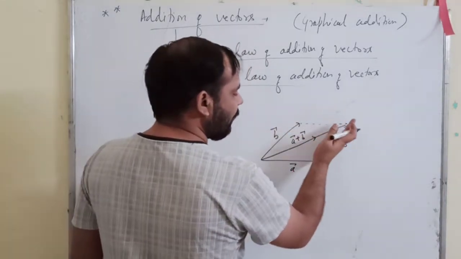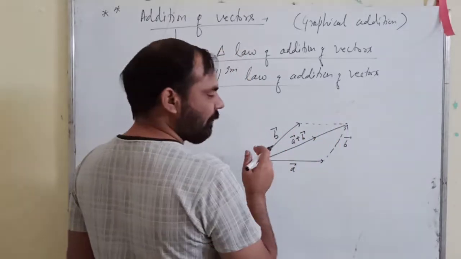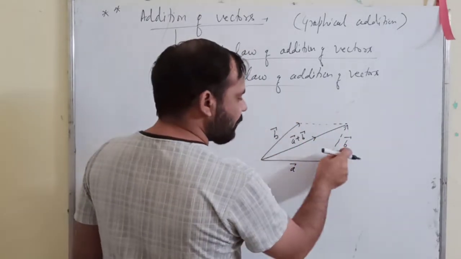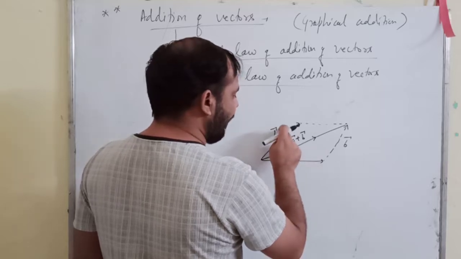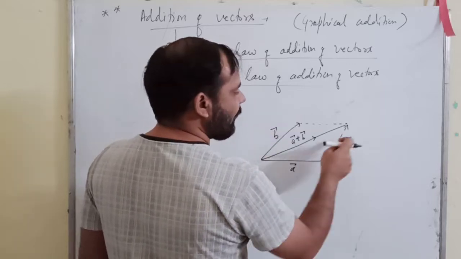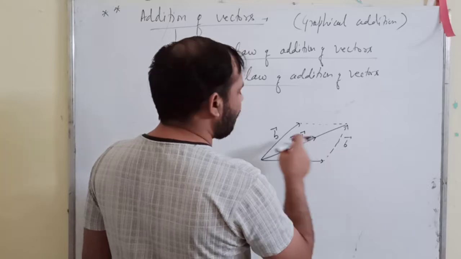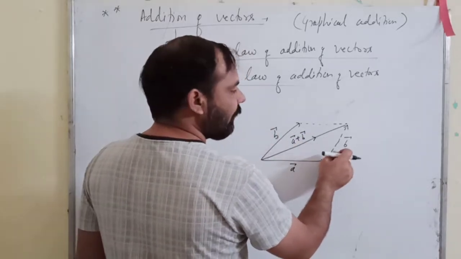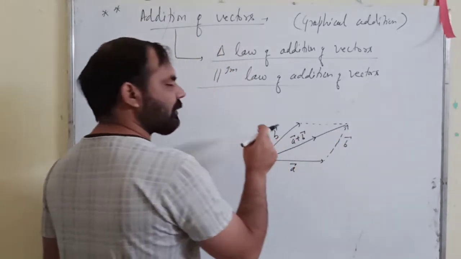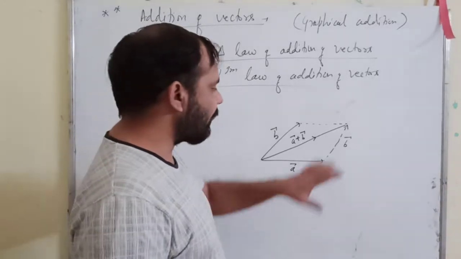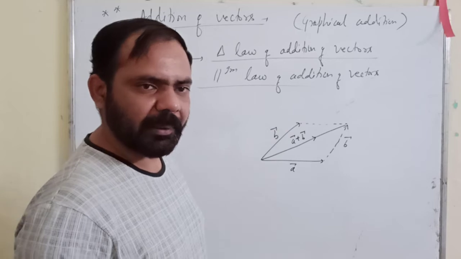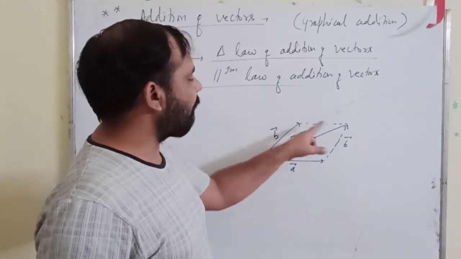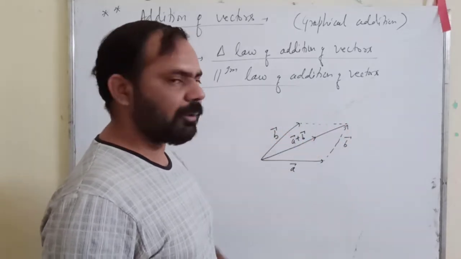If you bring this vector here, the opposite sides of a parallelogram are equal in length, so the magnitude of this vector is equal to the length of this side. If I represent another vector here in this direction, that will represent the B vector only, because the magnitude is the same, the length is the same, as per the condition that opposite sides of a parallelogram are equal, and if I take this direction, then the directions are also the same.